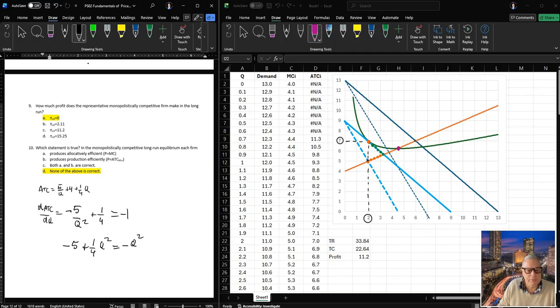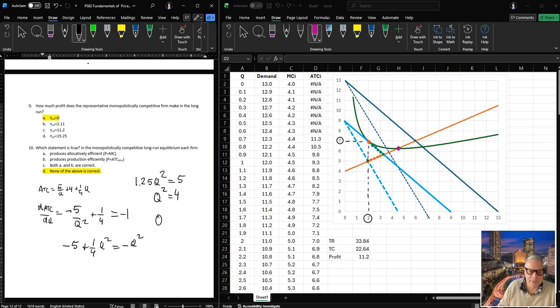Okay, so now maybe let's collect terms. I have here a quarter q squared and here an entire q squared. So let's put the q squareds on one side, and then I get 1.25 q squared, and then I put the 5 on the other side, and then we divide by 1.25, and then we get q squared equals 4.